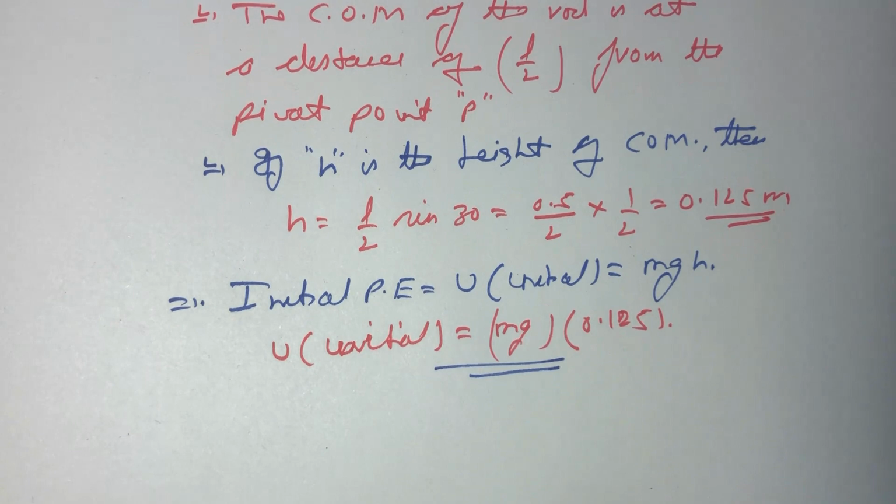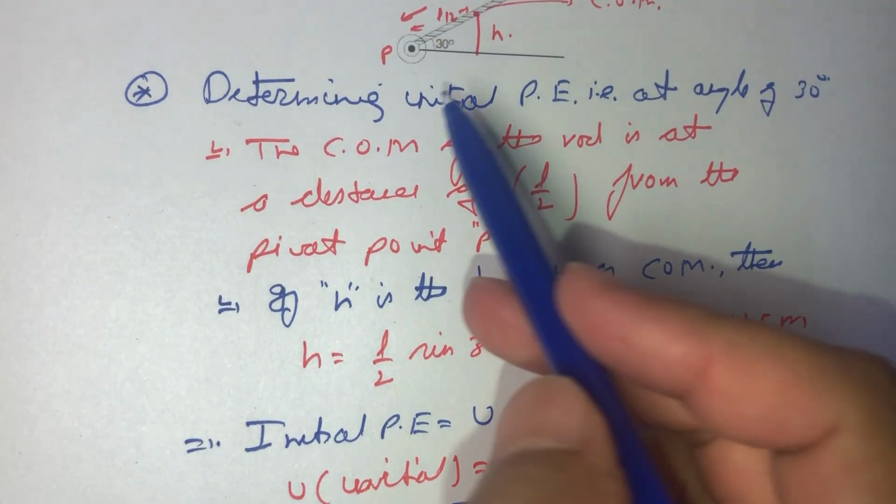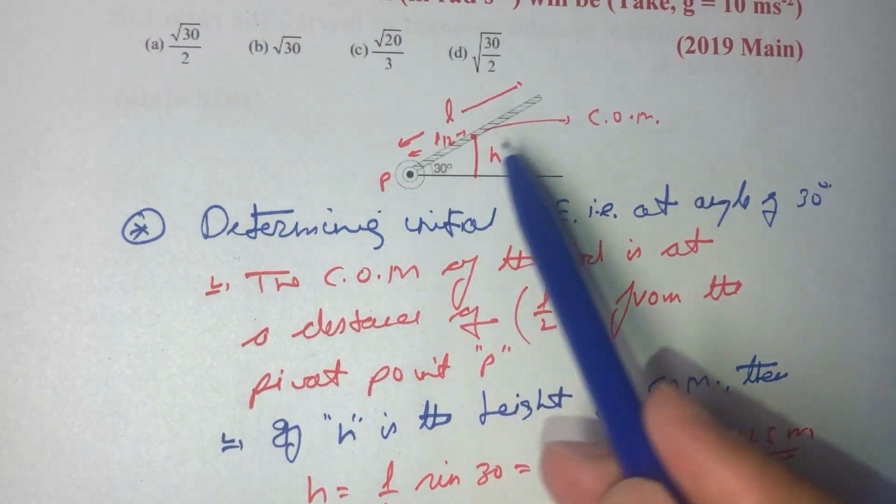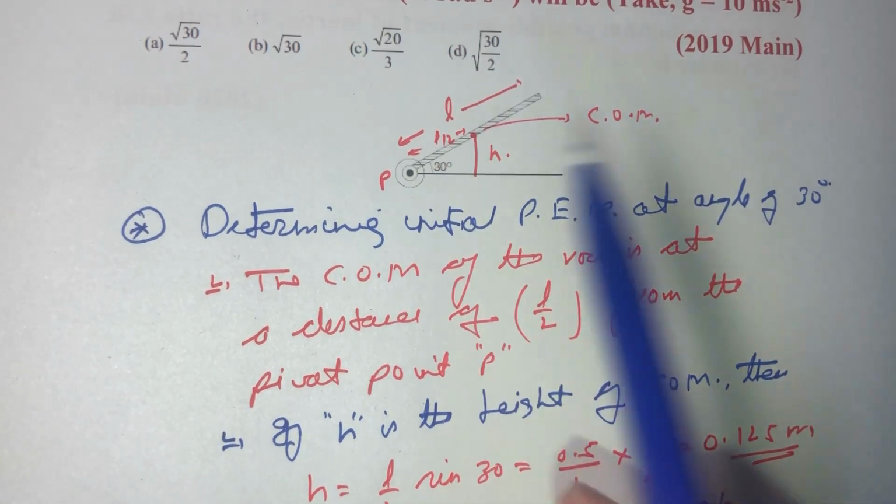It is said that P is the pivot point, so the rod is going to rotate about this pivot point.